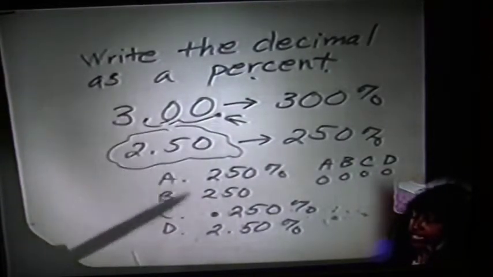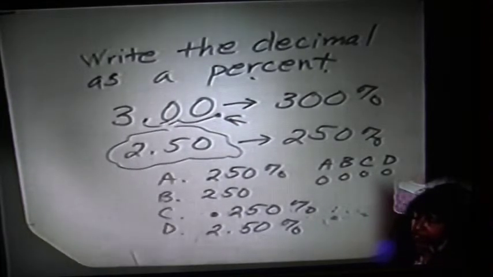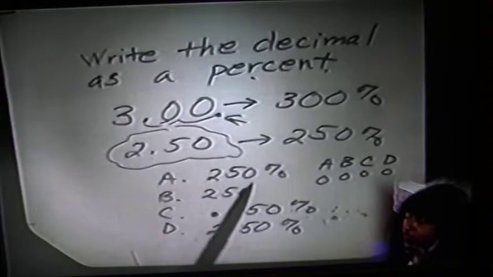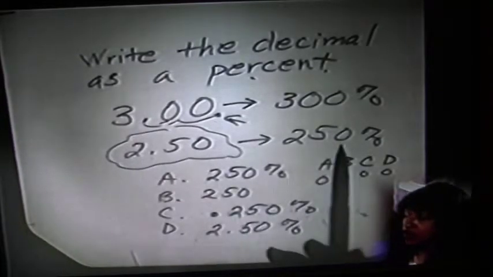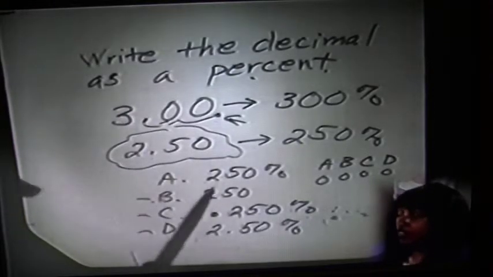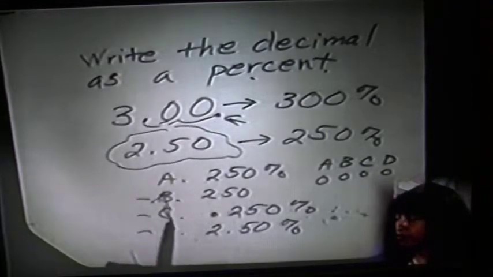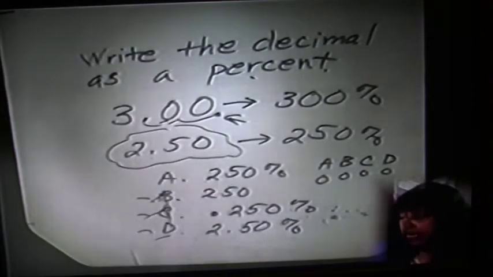Well, let's look at this one as our test question. Write or find the decimal as a percent in your answer. Well, we have 250% right here. You figured that one out. You do not have to go any farther looking at B, C, or D because you've found the answer, and you can eliminate all your other choices because you found A immediately.